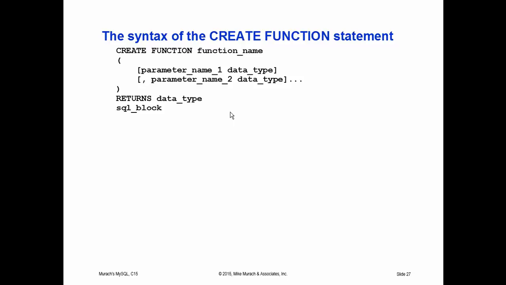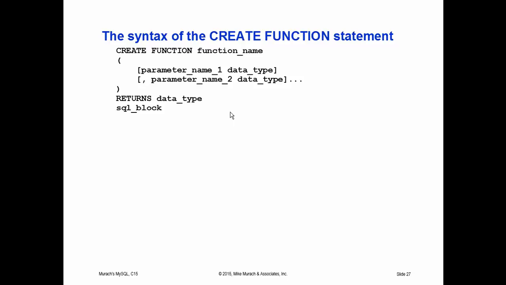After you declare the return type, you begin the statement, and between the begin and the end is where you're going to put all of your code. To call a user-defined function, you use it as an expression because, again, you're returning a value. So it's very important that you do that and you do it correctly.